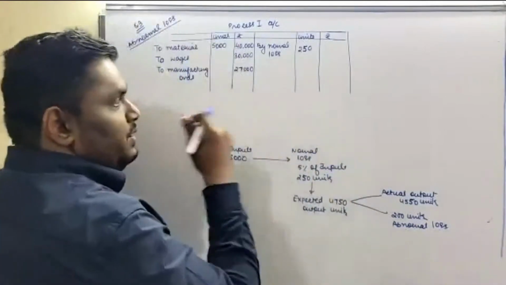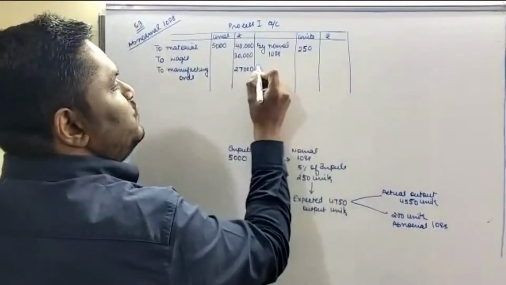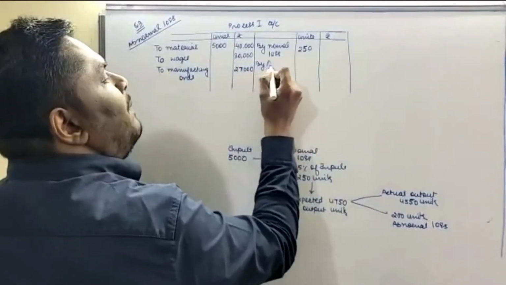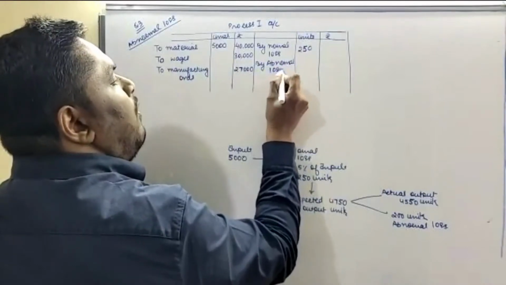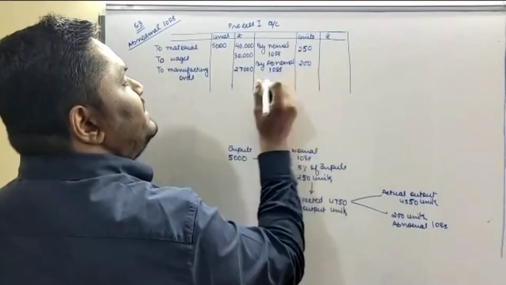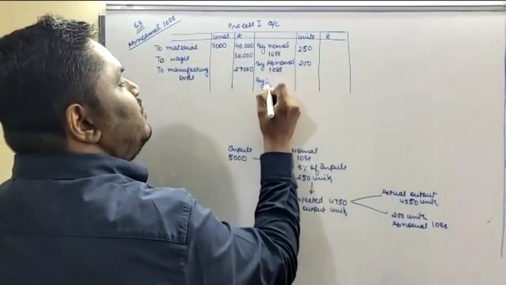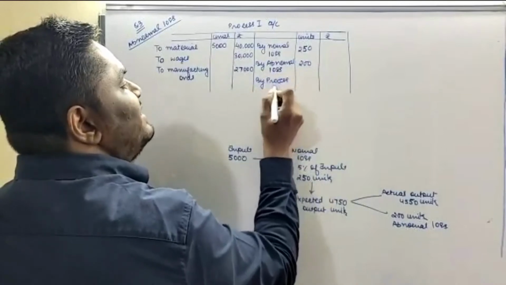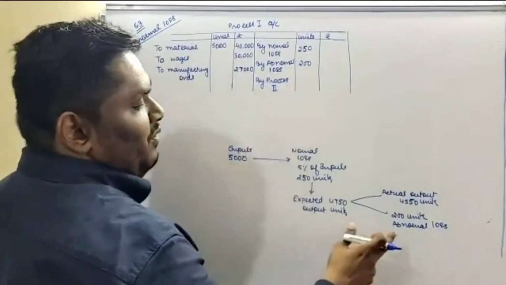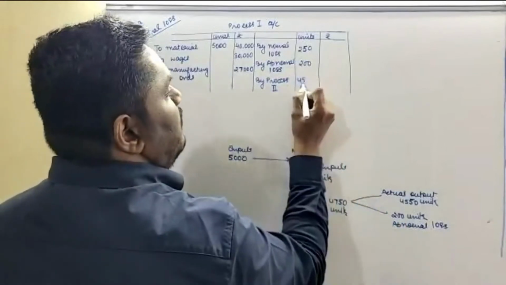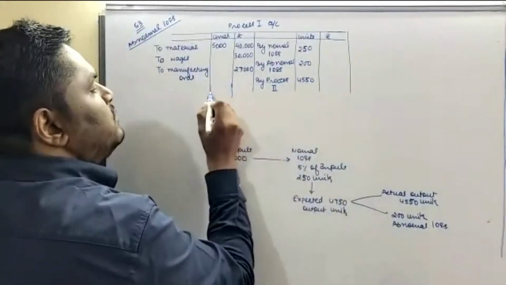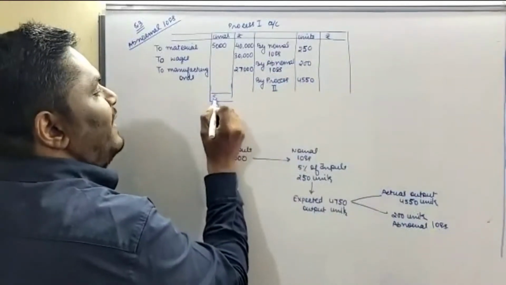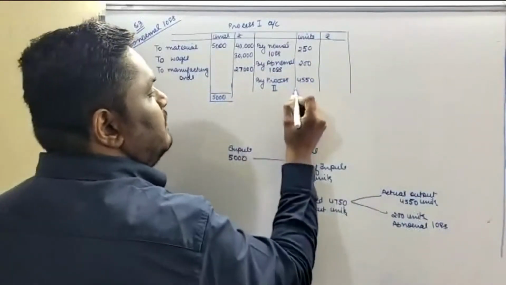So herein, normal loss is 250, abnormal loss is 200 units, and my output that is to be transferred to the next process is 4,550. This is all about the adjustment of these 5,000 units.